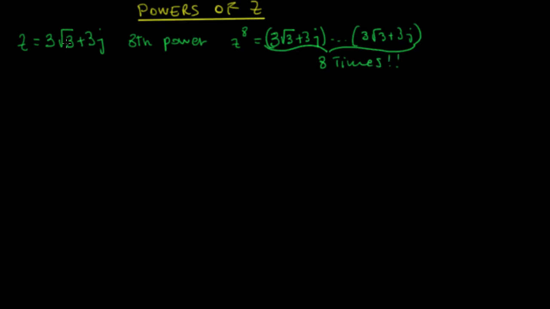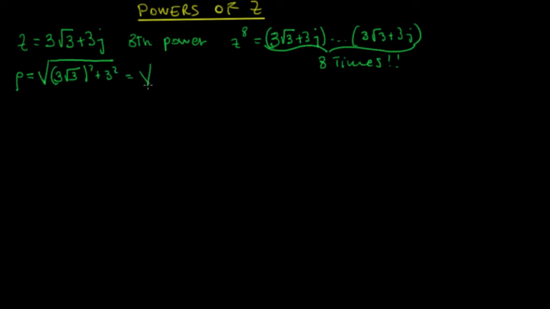While if we use the exponential form, the whole thing is going to be much better, much simpler. So in the first step, let's find the exponential form of this complex number. We know the first step is to evaluate the modulus rho of this complex number, and the modulus is the square root of 3 times the square root of 3 squared plus 3 squared.